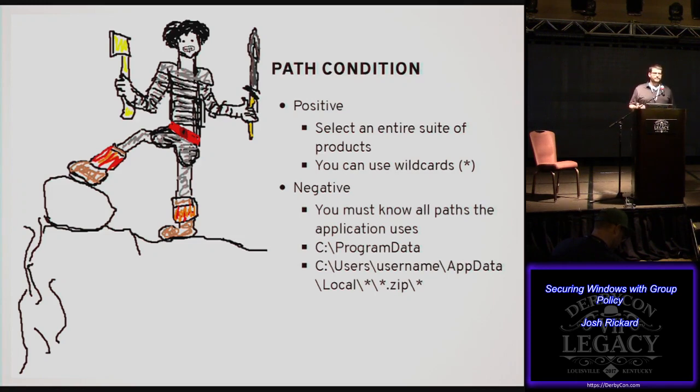There's certain use cases. Who here uses WebEx and all those type of tools? Some of those need massaging, but for the most part, you don't need EXEs to be running in those certain paths. So with the individual path condition, we can specify very granularly, but the downside is you have to know where those paths are.